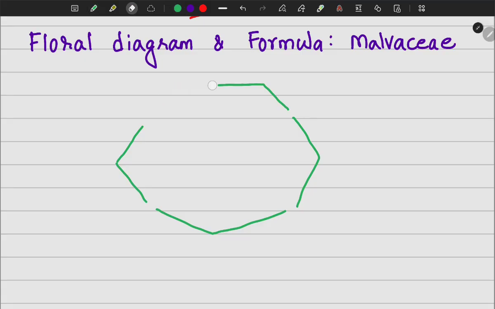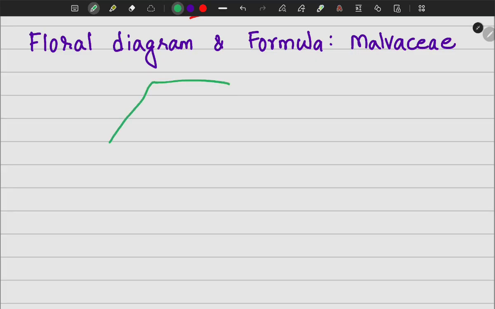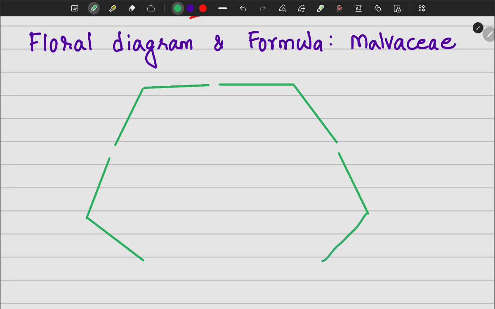Let me draw them a bit bigger, because we will need more space for the other parts. So this is the representation of epicalyx.